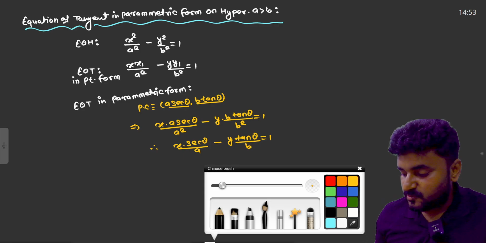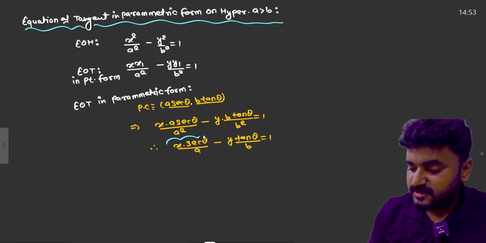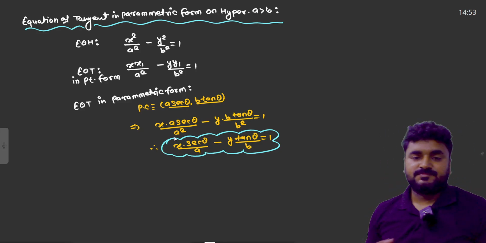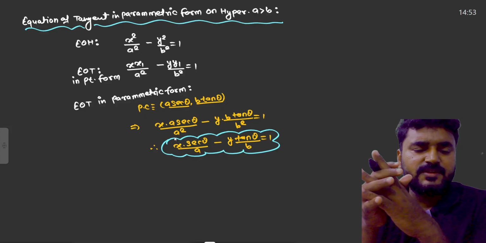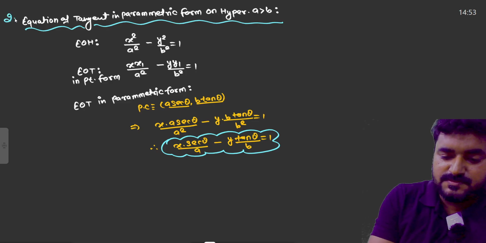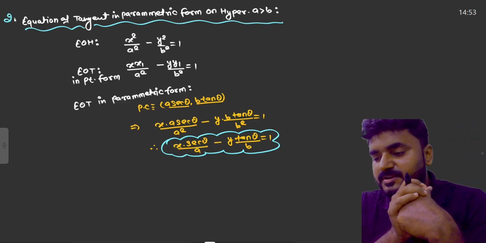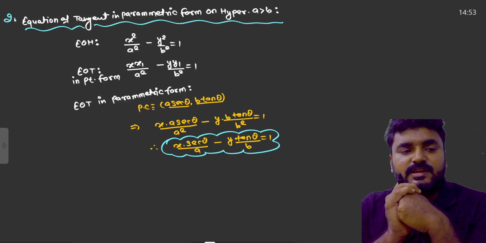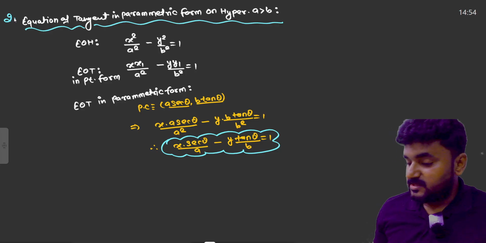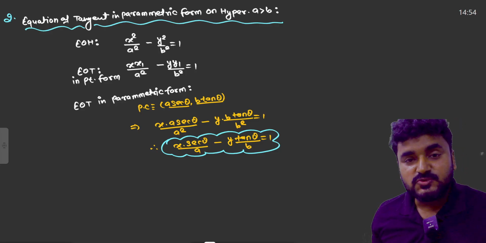This is your required equation of the tangent in parametric form. It is a very important topic. You can see the second form I explained, the equation of tangent in parametric form on the hyperbola when a is greater than b. Now the third one I am going to explain is the equation of the tangent in slope form.